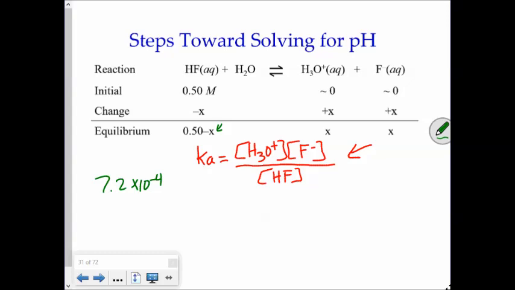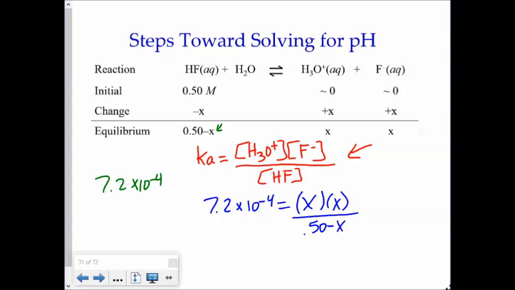So when I put it in here, you can do it both ways. You can graph it, and you can solve it this way as well, and tell me if there's any difference, because there shouldn't be any difference. So in this case, we do 7.2 times 10 to the minus 4 equals X times X over 0.50 minus X. But because this is a large number, and we know this X is going to be a small number, we get to eliminate it.